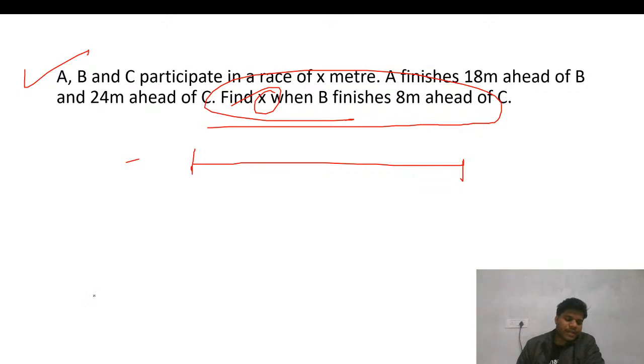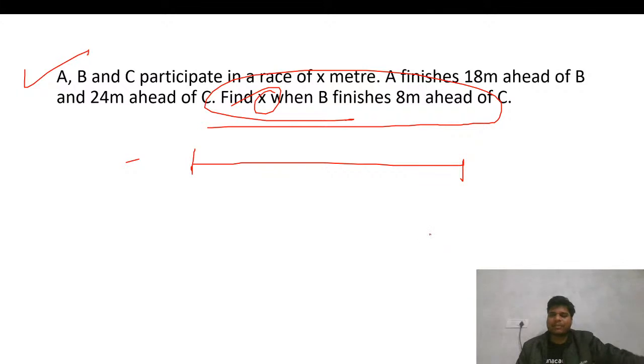So again, you have to just make the diagram. Most of the questions in the CAT or any aptitude examination, if you are able to visualize the concept or the question, then it is easier to solve the question. If you are not able to visualize, then it becomes a little complicated to solve. Okay, so now let's discuss. ABC participate in an X meter race.